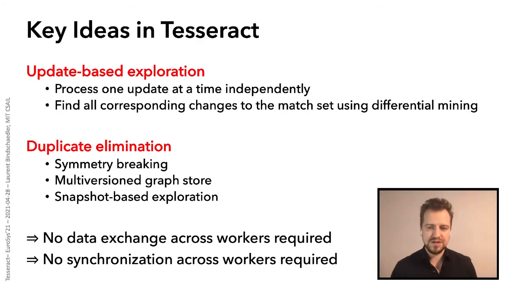These 3 techniques are an updated symmetry breaking approach that works for evolving graphs, the use of a separate multiversioned graph store with various versions of the graph corresponding to updates, and an optimization that we call snapshot-based exploration. The result of these techniques is that no data exchange or synchronization is necessary across workers, which allows Tesseract to process updates in a truly task-parallel fashion.